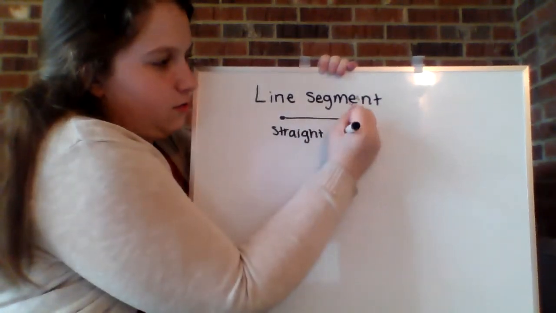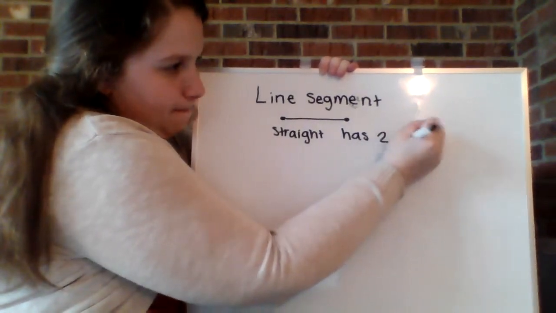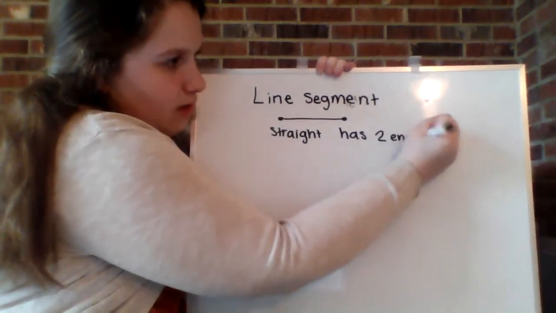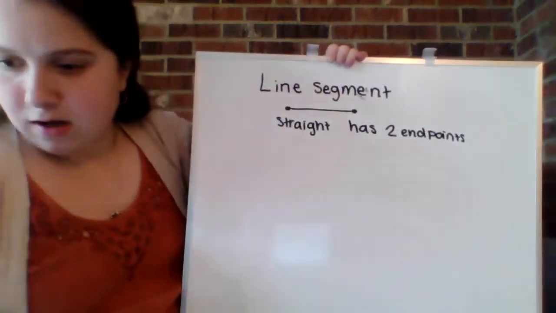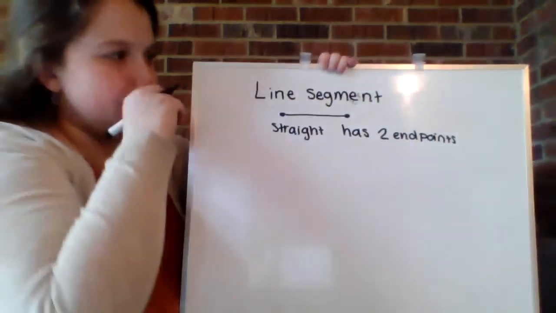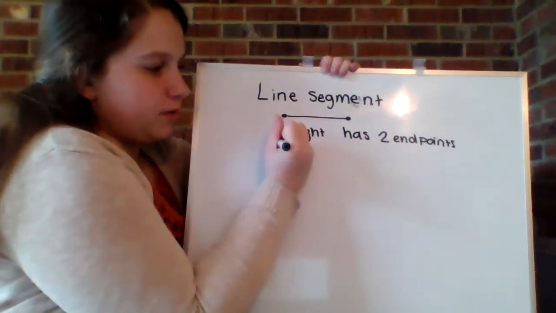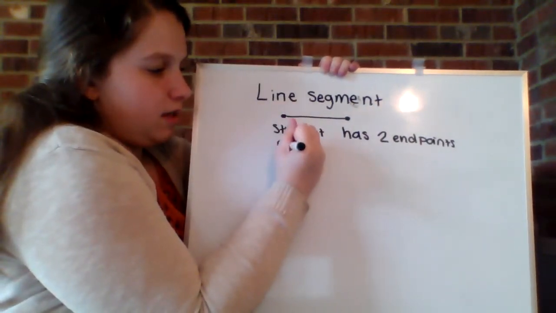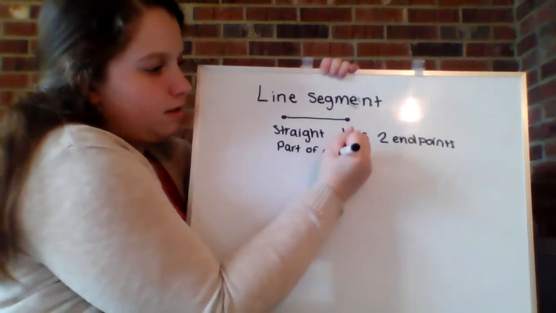It has two endpoints. And it doesn't keep going, right? A line keeps going, a line segment stops. We can say that a line segment is a part of a line.